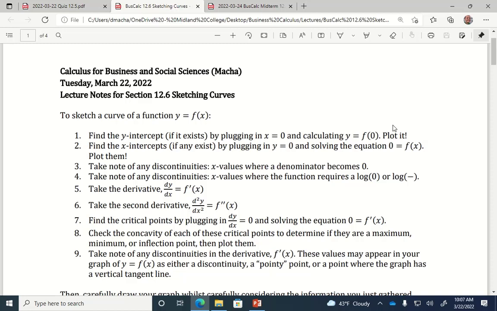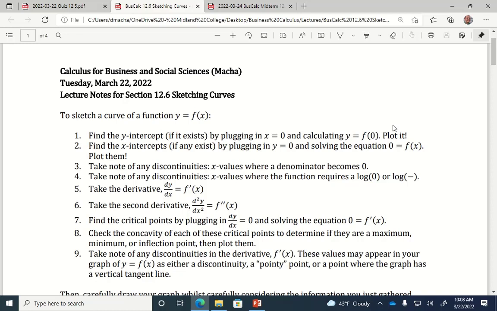Remember, if the second derivative is positive, that means we're concave up, and you're looking at a minimum. If the second derivative is negative, that means you're concave down, and that means your critical point is a maximum. If your second derivative is 0 at a critical point, that means you found an inflection point. That's where you go from concave up to concave down, or vice versa.